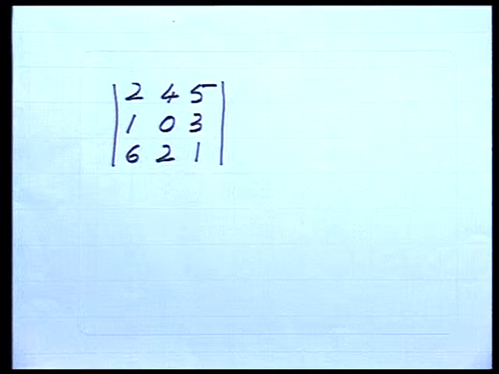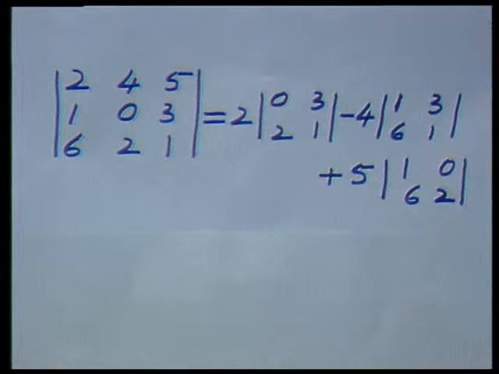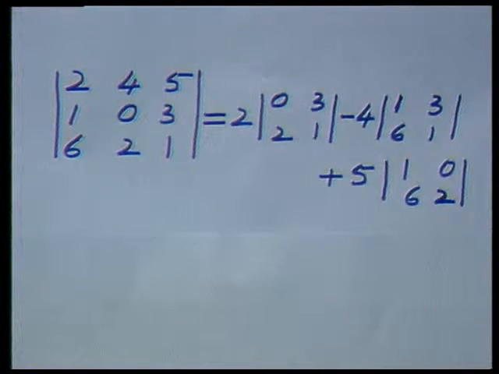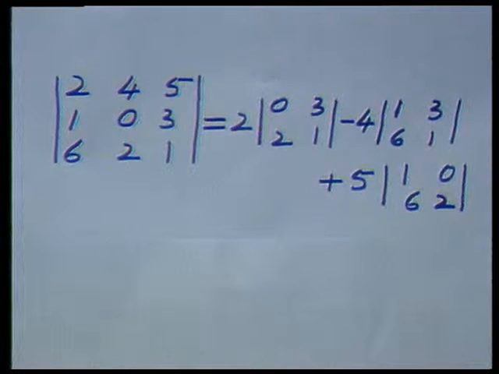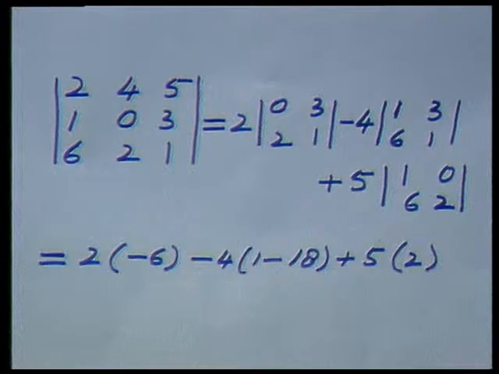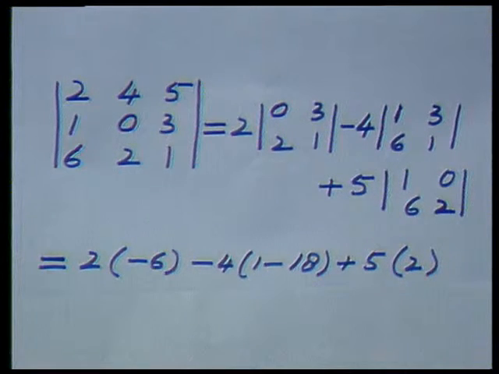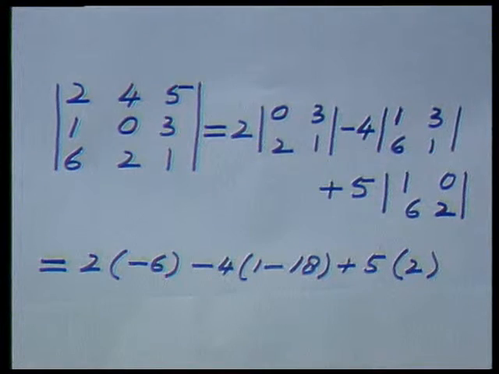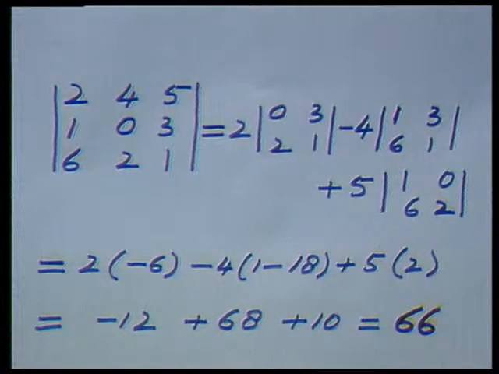When we expanded using the first row, it was 2 into the determinant 0 3, 2 1, minus 4 into 1 3, 6 1, plus 5 into 1 0, 6 2. This gave us 2 times minus 6, minus 4 times 1 minus 18, plus 5 times 2, and the ultimate value comes out to be 66.